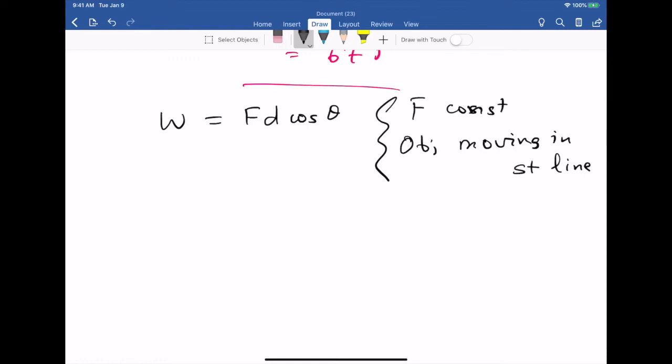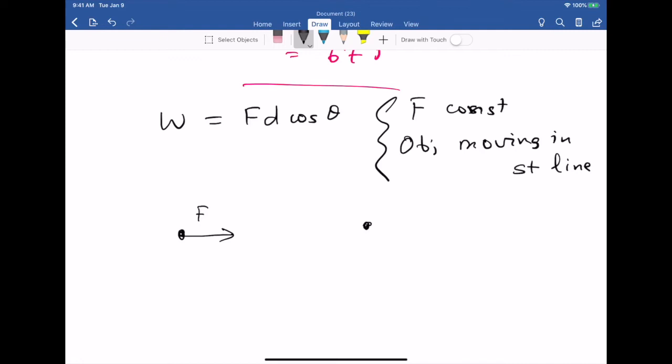So that is not too difficult to figure out. Suppose the force is variable and the object is still moving in a straight line. So how do you calculate the work done by the force in that case? We have an object that's, let's say, moving from here to here, and it's not feeling the same force. So maybe the force was represented by this vector over here, but by the time it's gotten to this point, the force is completely different.